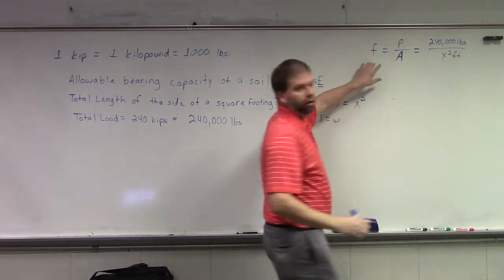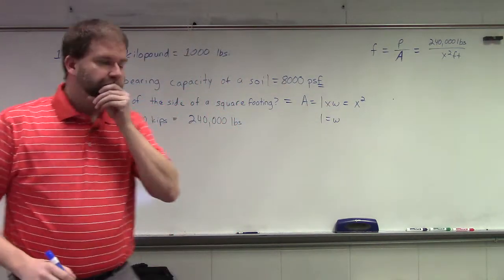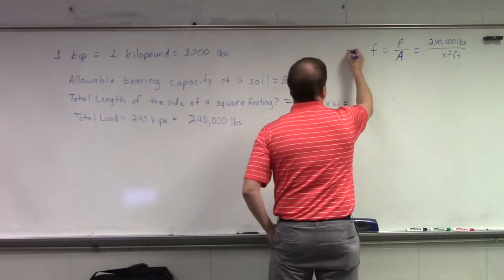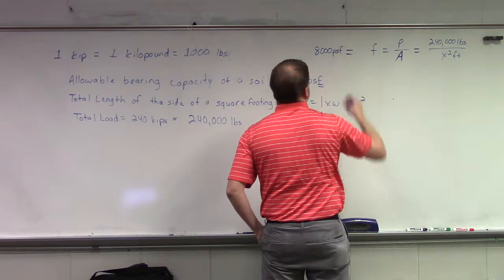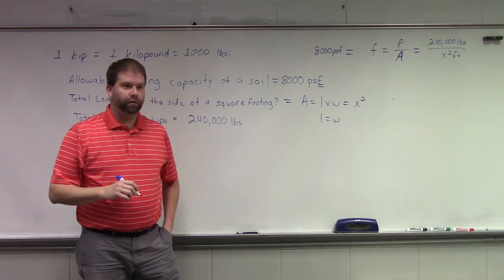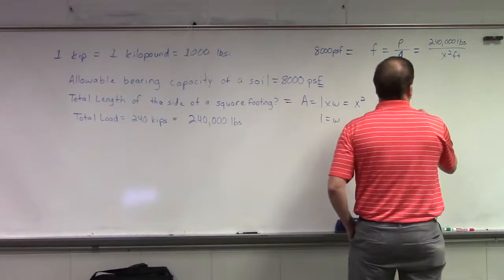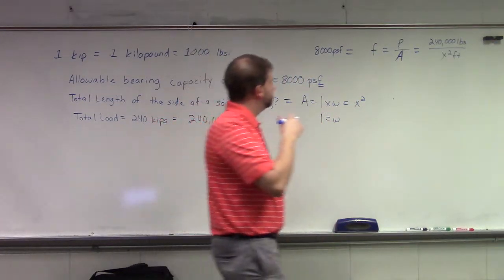What do we know about our capacity? 8,000 what? 8,000 pounds per square foot. So we need to get the A alone. How do you want to do that? Multiply both sides, then divide by 8,000.